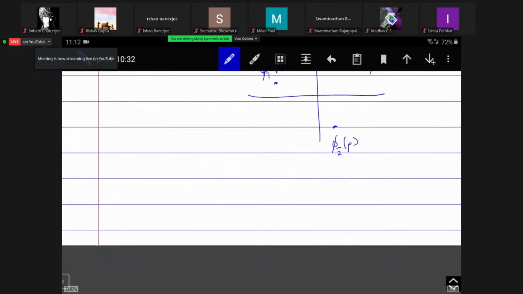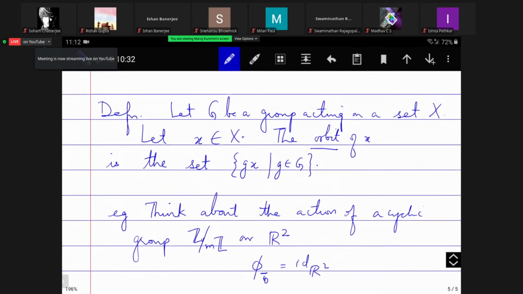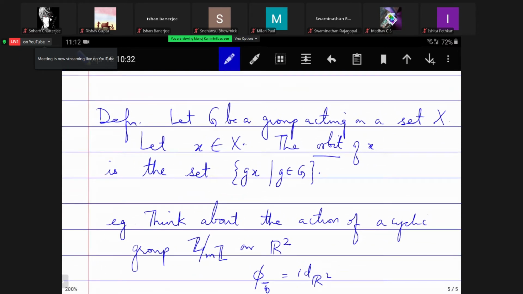Sir, in the above notation, does g of x mean phi g of x? Yes, thank you, phi g of x. Eventually, for this course, I will try to keep notation like this so that it is clear in our heads that we are thinking about functions.